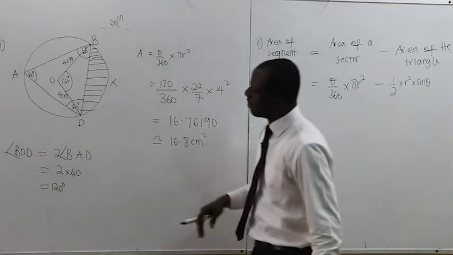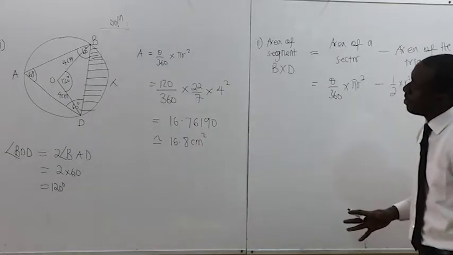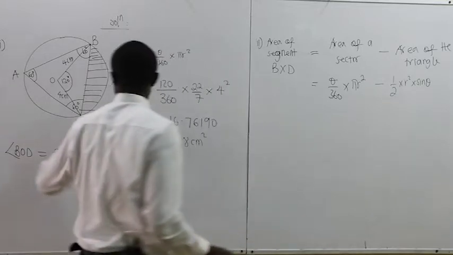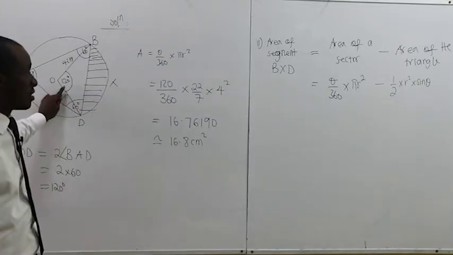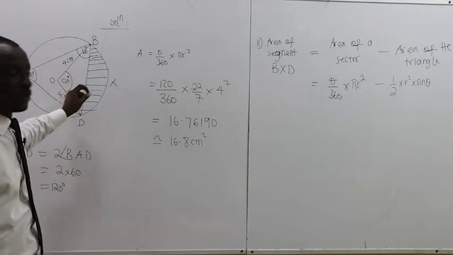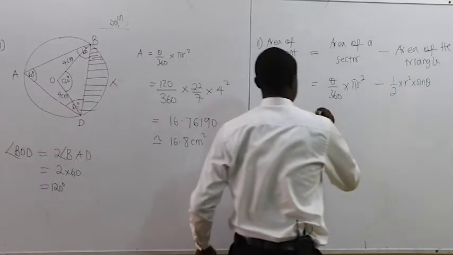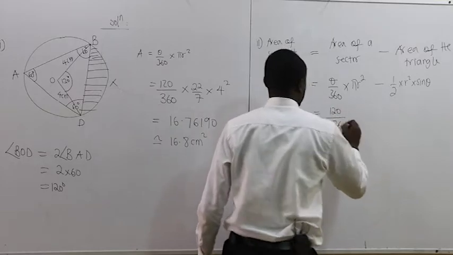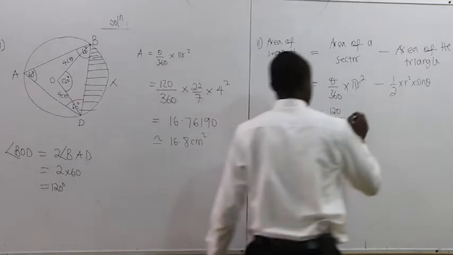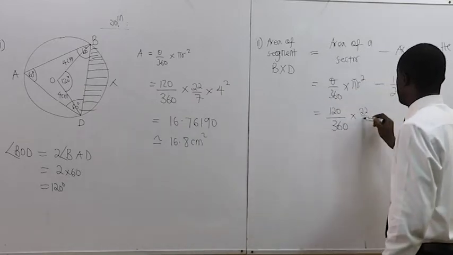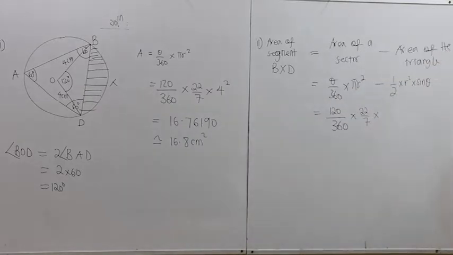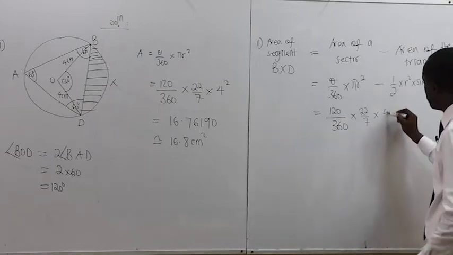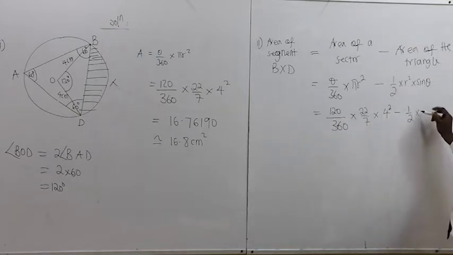Okay, what do we need from here? Theta, do we know theta? Theta is 120, pi is 22 over 7, and we know our radius to be 4. So we know everything here. Our theta gives us 120 over 360. We substitute pi as 22 over 7. Our radius is 4, so you have 4 squared minus half times 4 squared times sine 120.